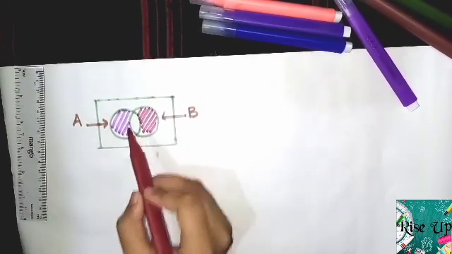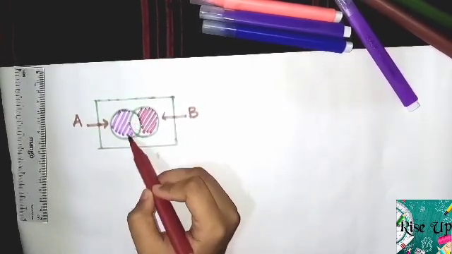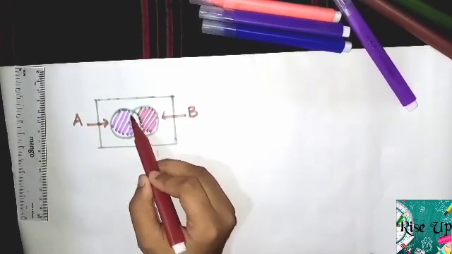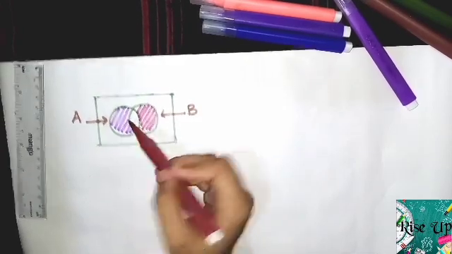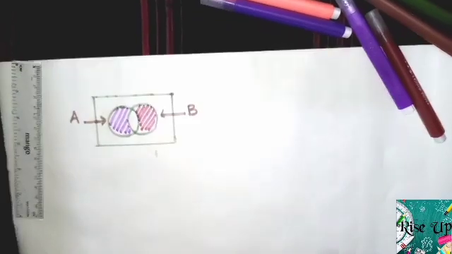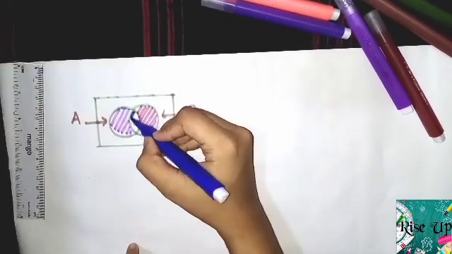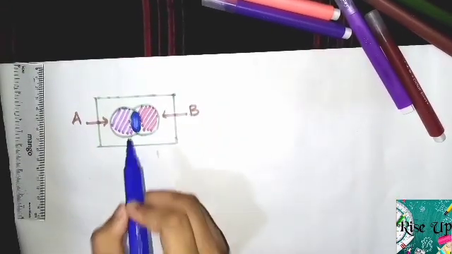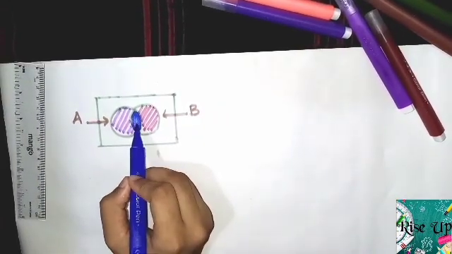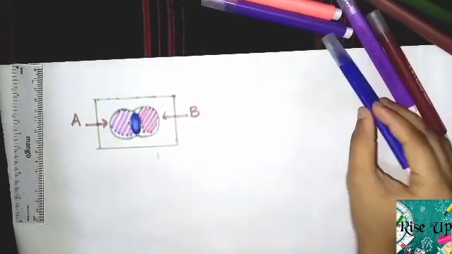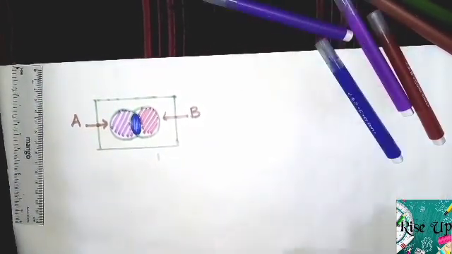Carefully observe, I haven't shaded the middle portion that belongs to both set A and B, because both the circles cross at one place, and that portion is the place where objects belong to both set A and B. So this special portion here, whatever objects you include here belong to both the sets A and B. But still, our Venn diagram is not completed.